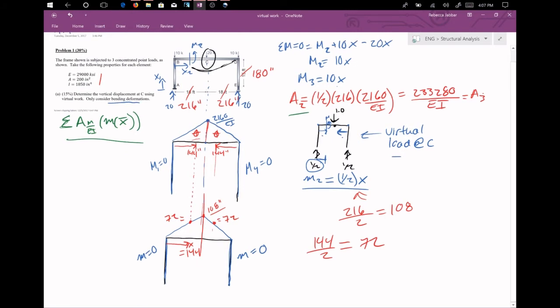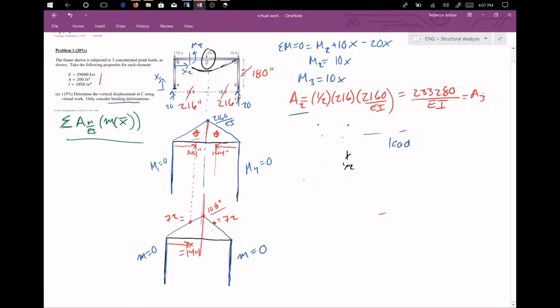All right. Let's just get rid of all of this. I don't think we need it anymore. Let's give ourselves some room to do these calculations.